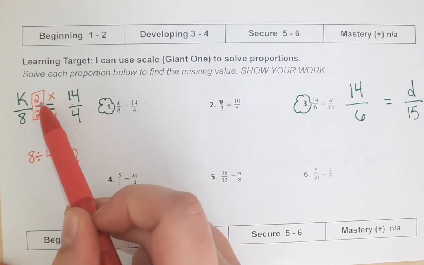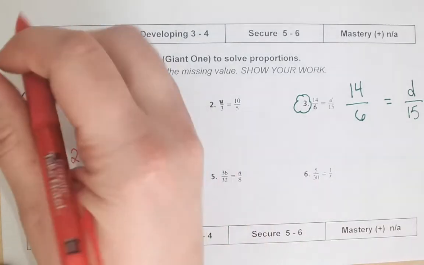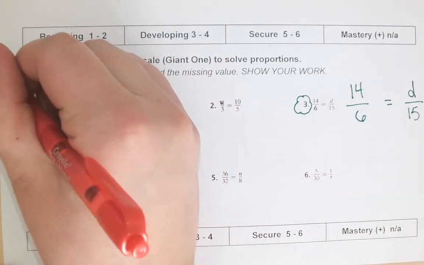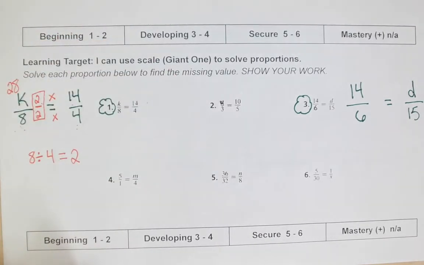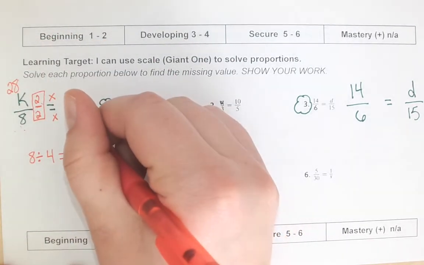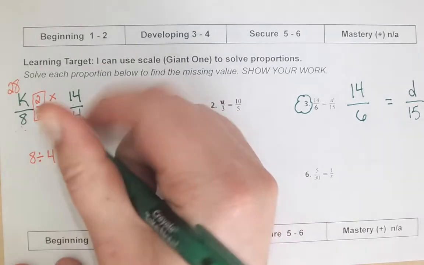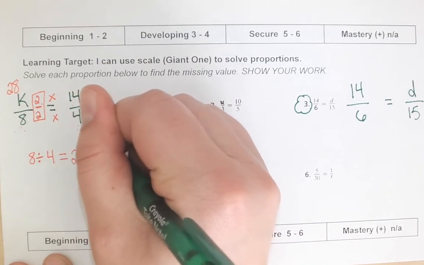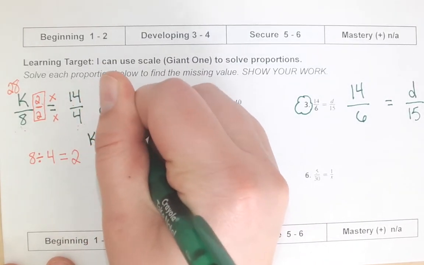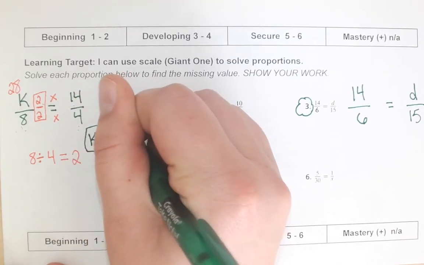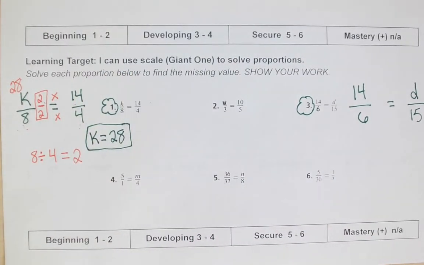So 14 times 2, well, that equals 28. So the real value I have for k would be the value of 28, so that these two ratios would be equivalent.